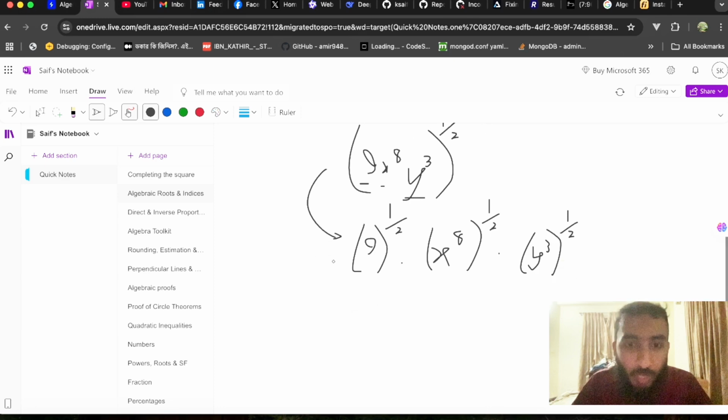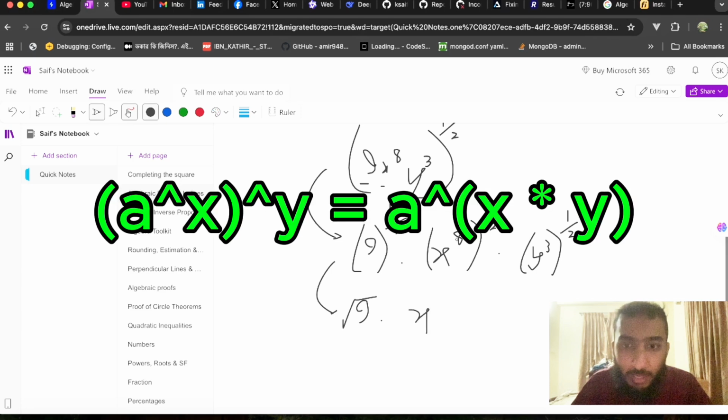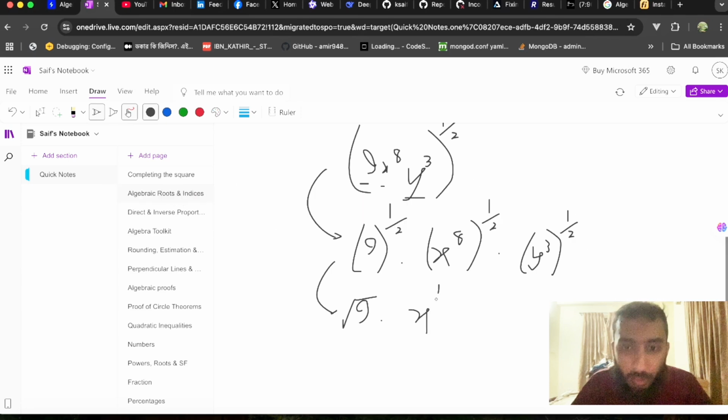Now what is 9 to the power half? It is root of 9. And x to the power 8 to the power half means x to the power 8 into half, which is 4. And y is 3 into half, which is 3 by 2.